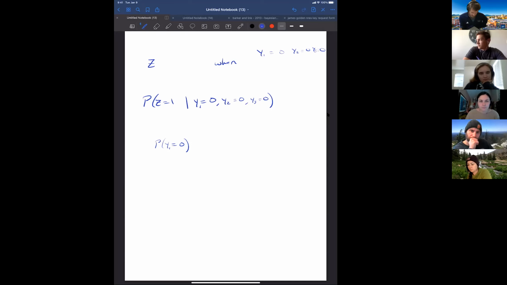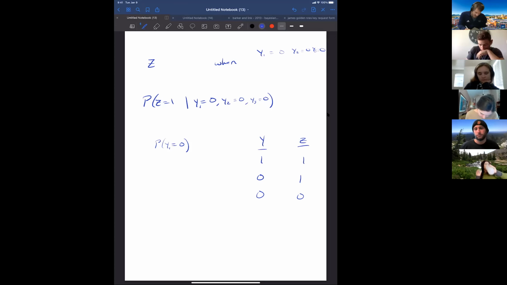Let's go back to our 3 cases where, when we observe it, we know Z equals 1, but when we don't observe it, Z could be a 1 or a 0. So we're interested in this right here.